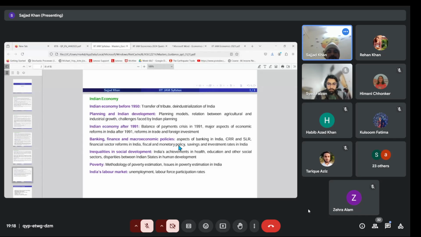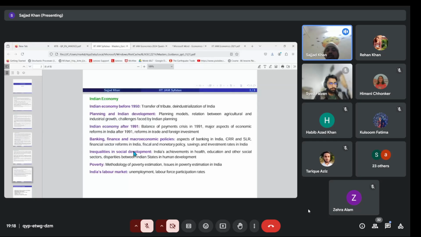And here, inequality and social development. Here we should focus on the different types of committees in inequality and social development. We have to focus on the HDI. What are the factors in the HDI?